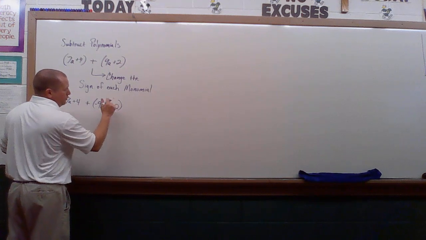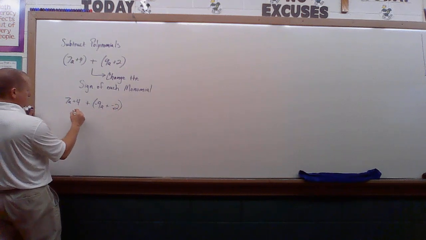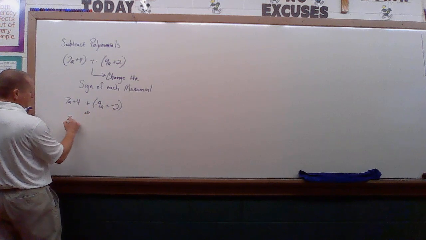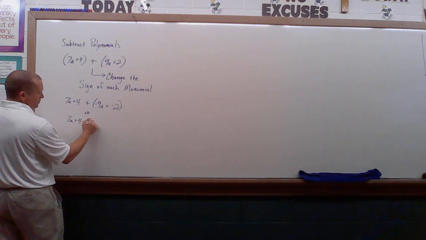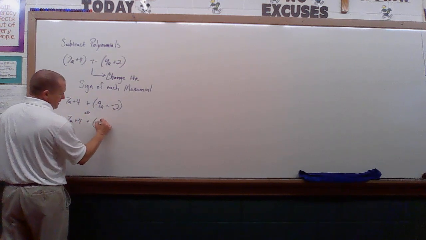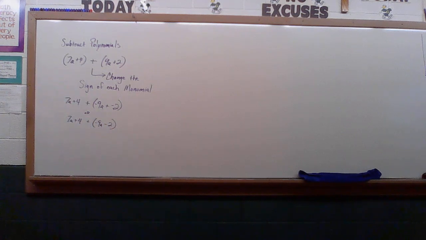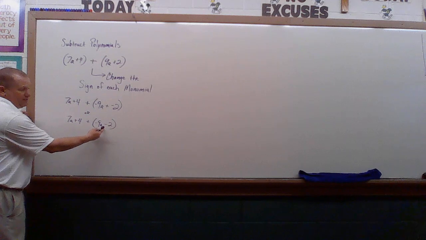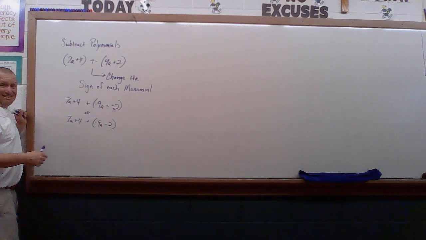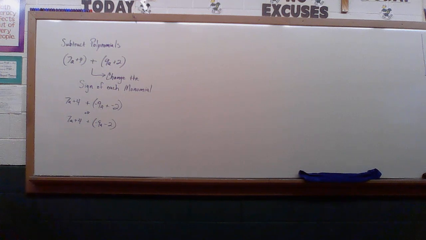Minus 2. So 7a plus 4 plus negative 9a minus 2. Now, I'm not going to lie to you, I'm probably going to favor this version a little bit more so I don't have multiple signs in my problem. Sometimes that confuses people the most.